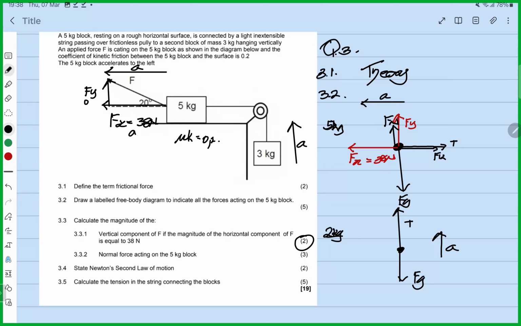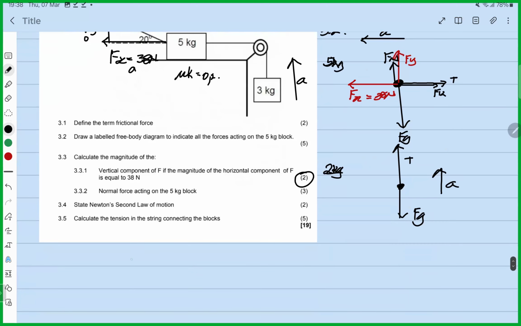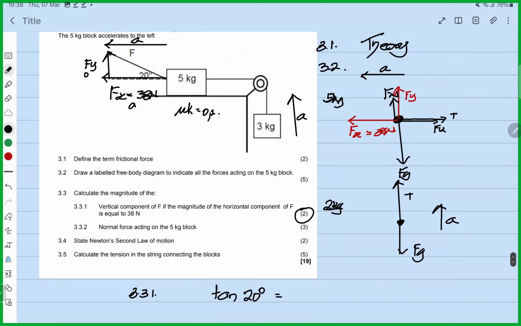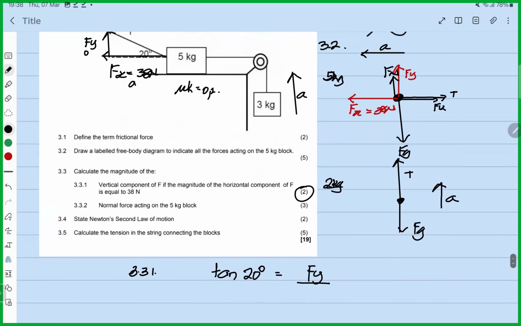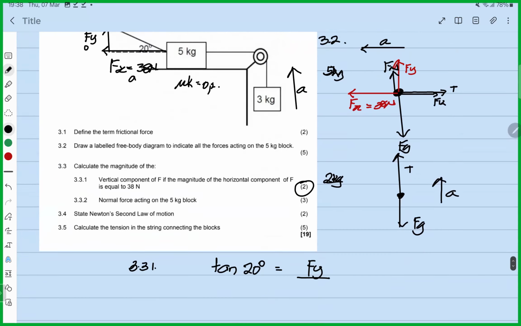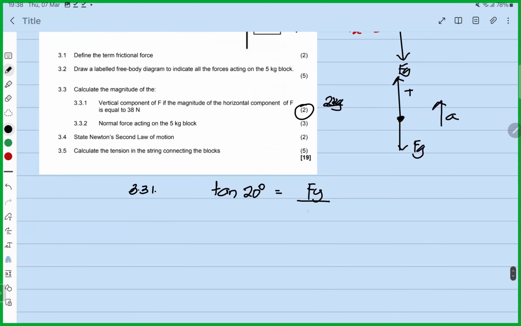You can actually use tan of theta. So for 3.3.1, you can say tan of theta, which in this case is 20, is your opposite, Fy, over your adjacent, Fx, and Fx is 38. So Fy is 38 tan 20.